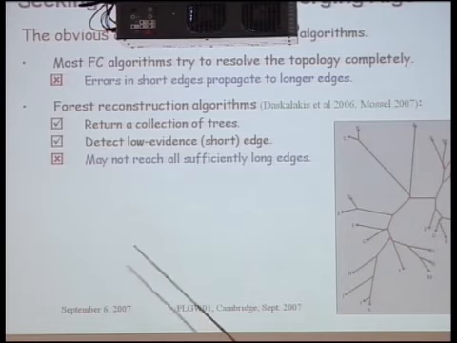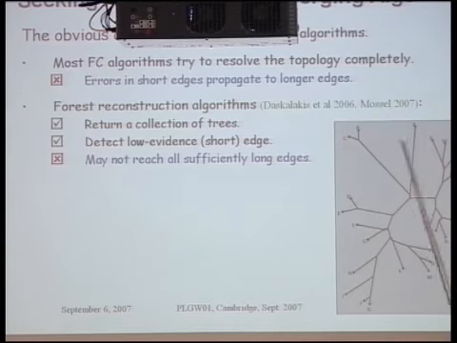There are more likely candidates with our recent algorithms, which don't try to reconstruct everything. They try to reconstruct forests by progressing from the leaves inwards, and they get stuck on these short edges.